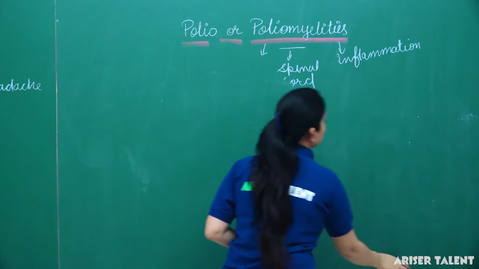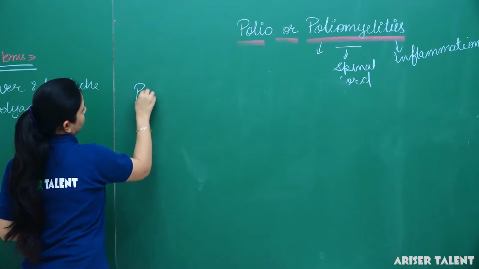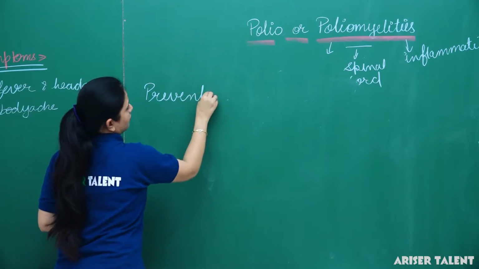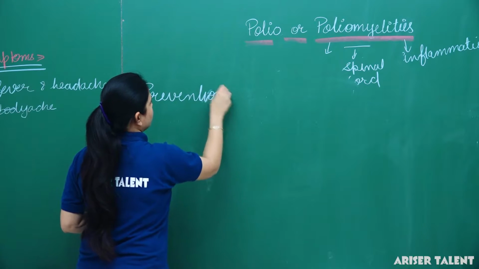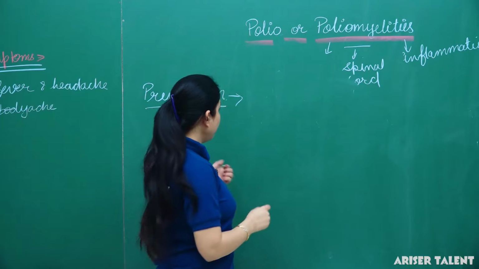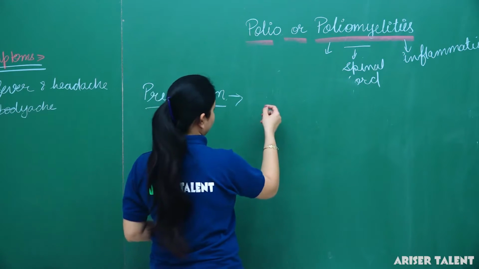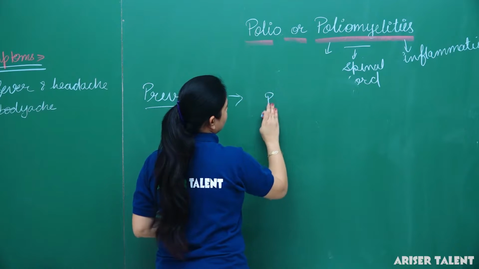If we talk about the prevention of this disease, how can we prevent it? For prevention, children are vaccinated with the anti-polio virus vaccine.